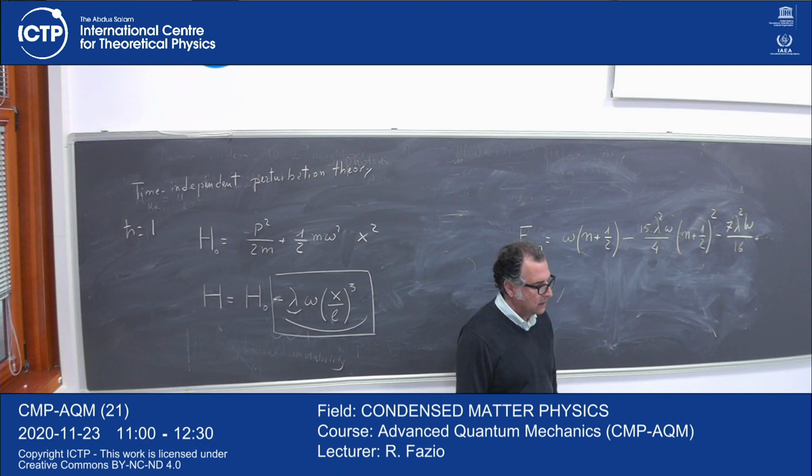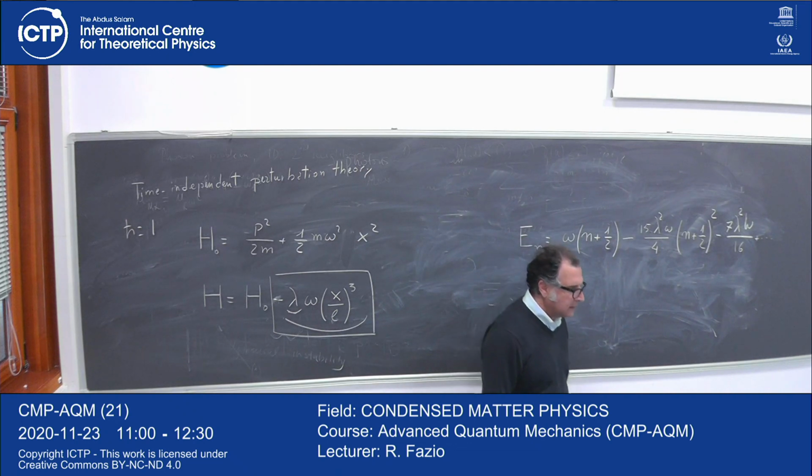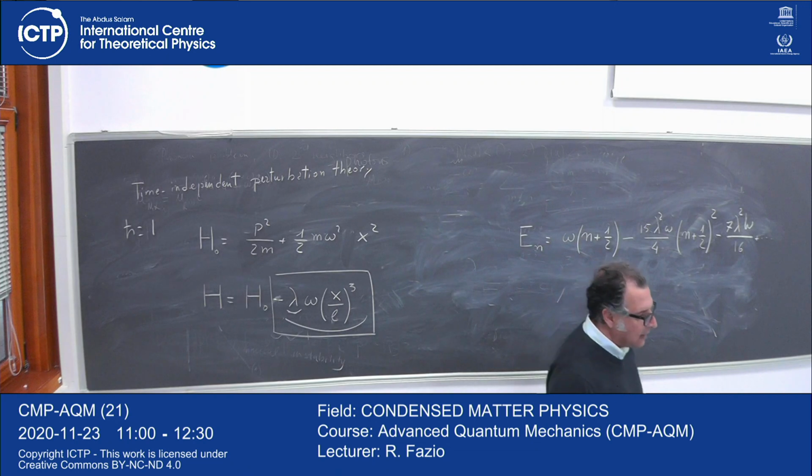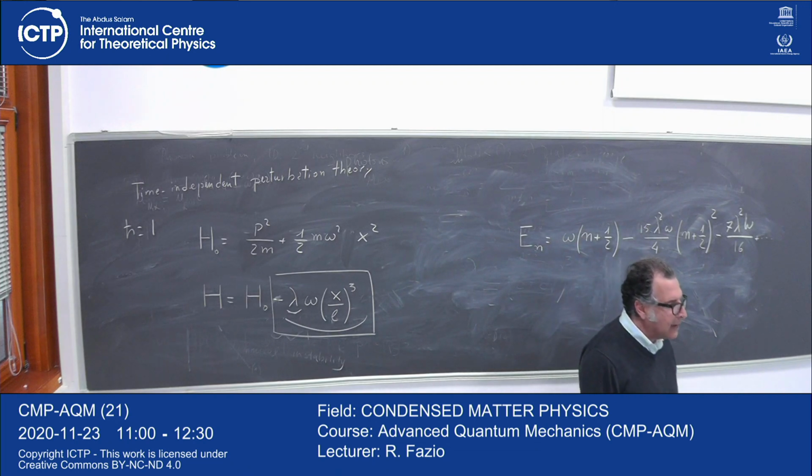Professor, can you repeat the question we have to answer? What I'm asking is, suppose that you have fixed lambda, say lambda 10 to the minus 2. Can you tell me if what we found is valid for any n, or not?